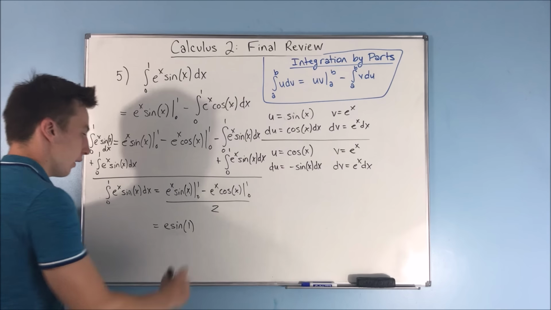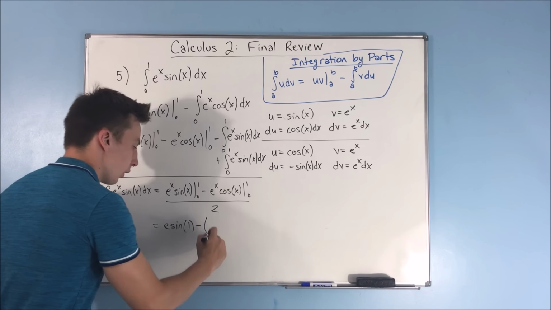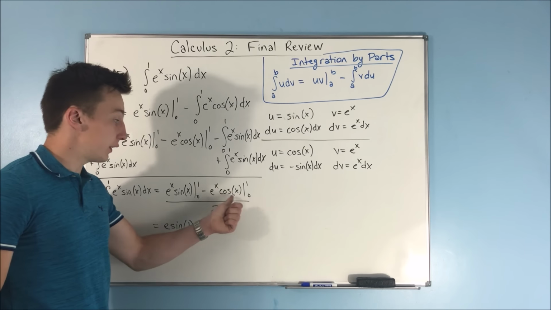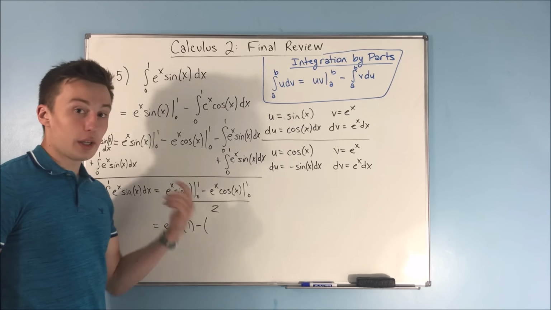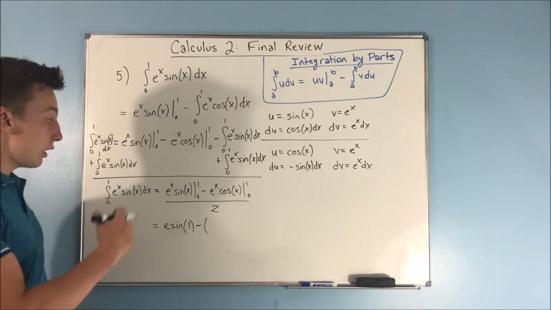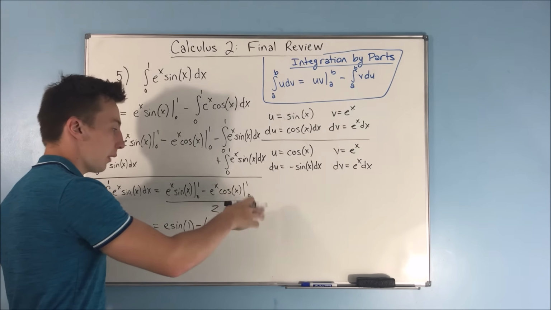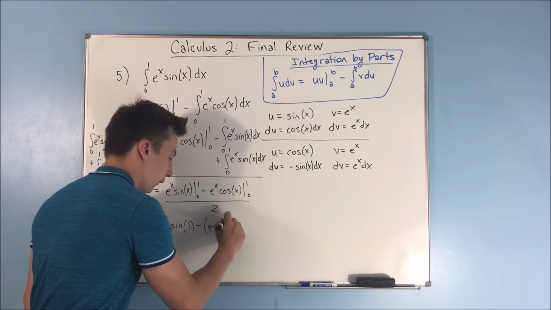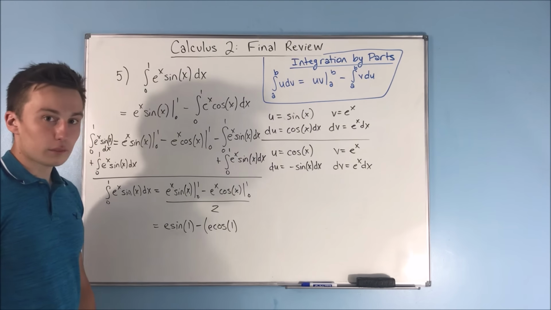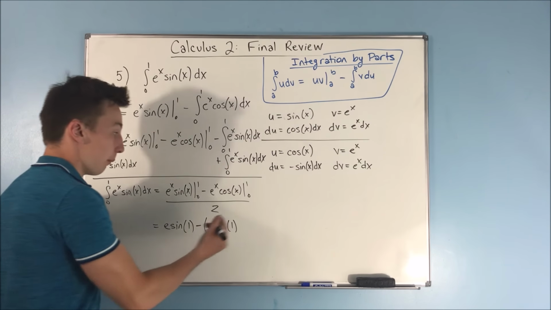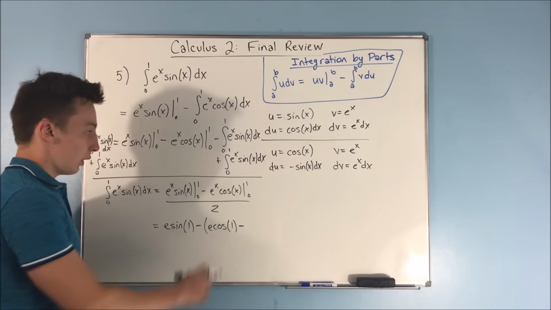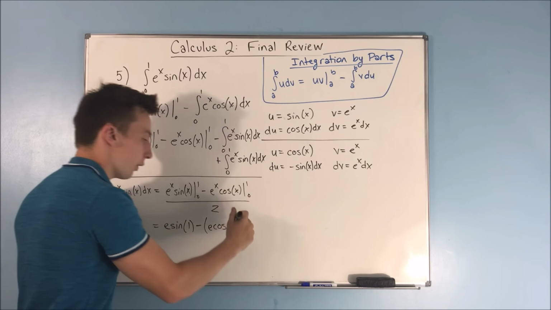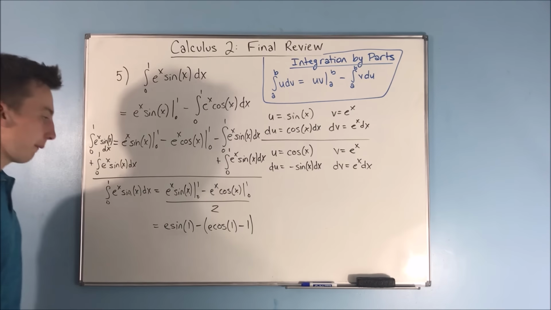Okay, and next we'll have minus, well, will 0 kill everything off here? No, because cosine of 0 is 1, and e to the 0 is 1. So we'll need to do both terms. We'll need to plug in 1 and then plug in 0. So plugging in 1, we get e times cosine of 1. Okay, and then we'll have minus, well, like we said, e to the 0 is 1, cosine of 0 is 1, so this will just be a 1 here.